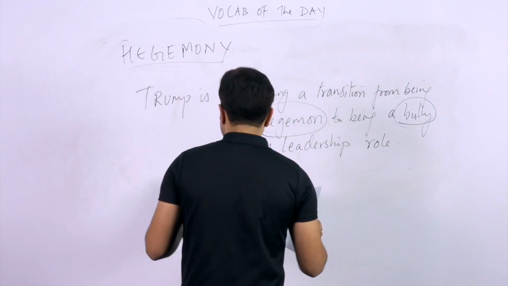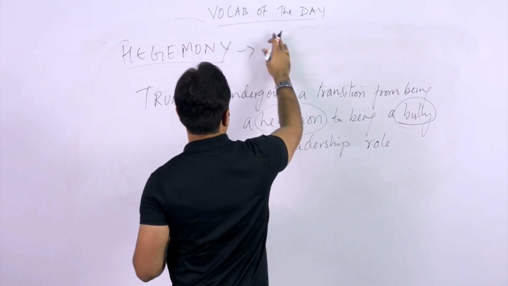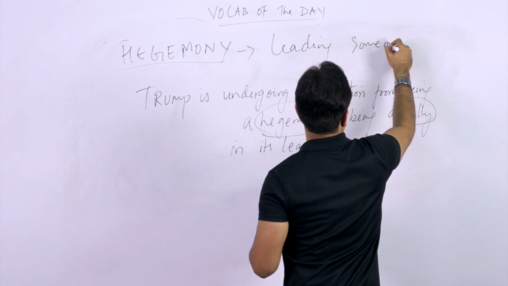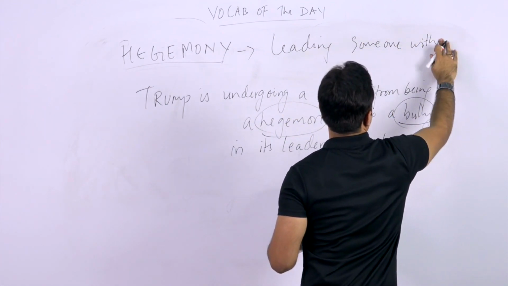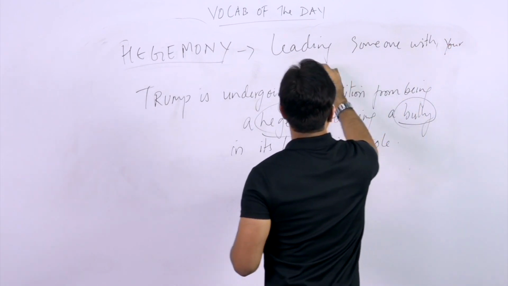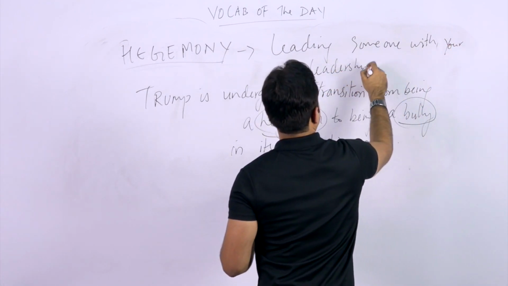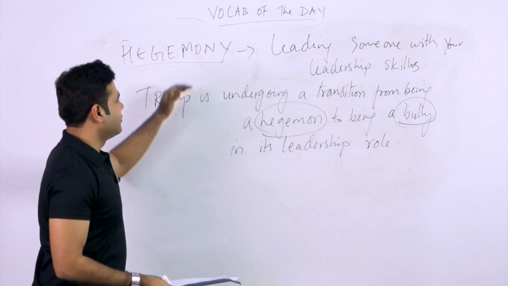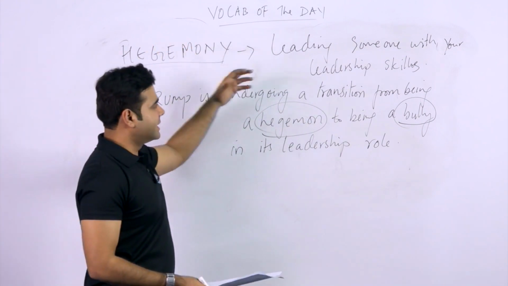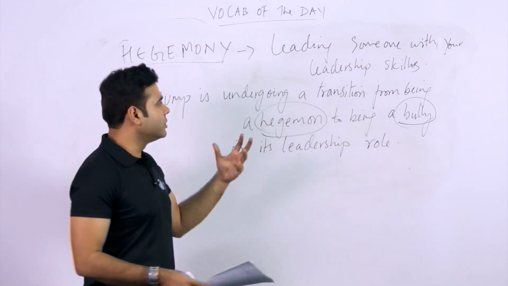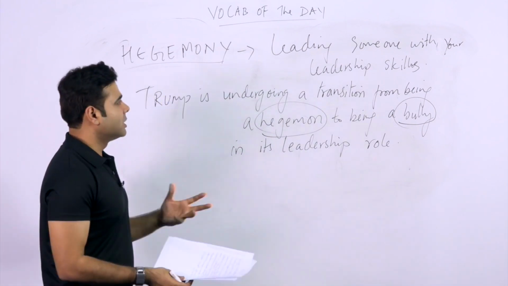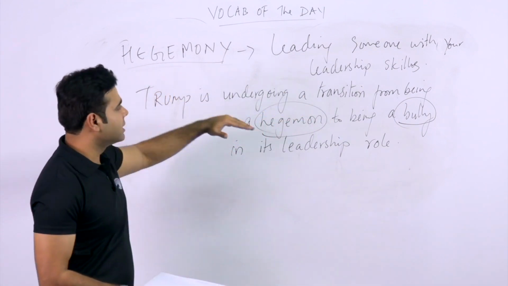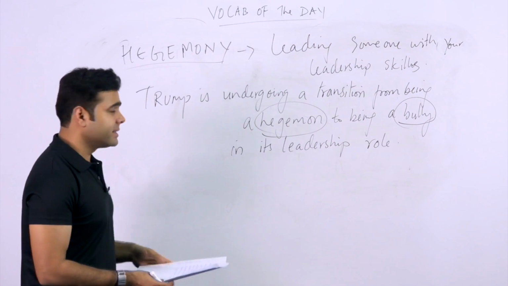So the hegemony word is related to when you are leading someone with your leadership skills, fine. Actually, this is a nice word which you can use if you have got something from your descendants and you are ruling some place, some kind of activity or a group. So hegemony is leading someone with your leadership skills, and Trump is undergoing a transition from being a hegemon to being a bully in its leadership role.